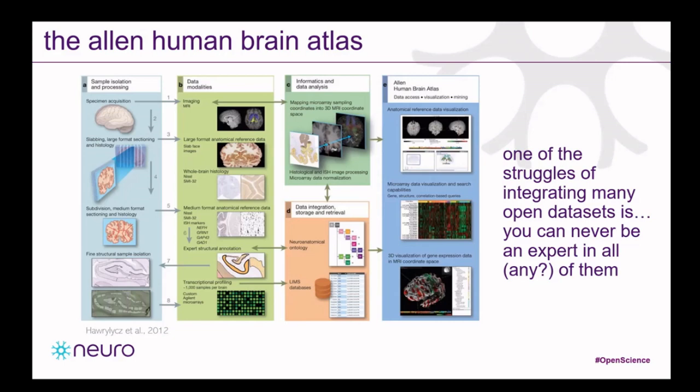One of the struggles is that you're never going to be an expert in every single method that you're using, because you can't be. The real experts are the people who spent years doing this and know it by heart. I'm here trying to tell you what the Allen Human Brain Atlas is, but obviously if you get somebody from the Allen Human Brain Atlas, they're going to be able to explain it much better. They're going to know it much better. So it's just the caveat. It is a challenge, I think one of the bigger challenges of doing this kind of multimodal work.